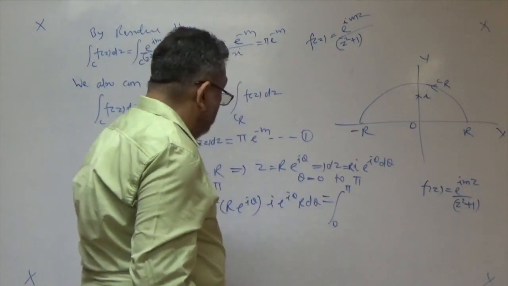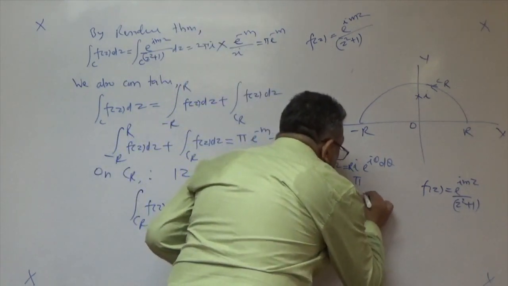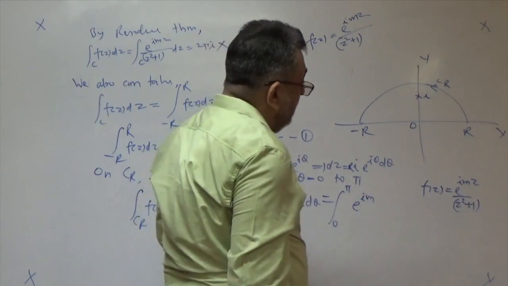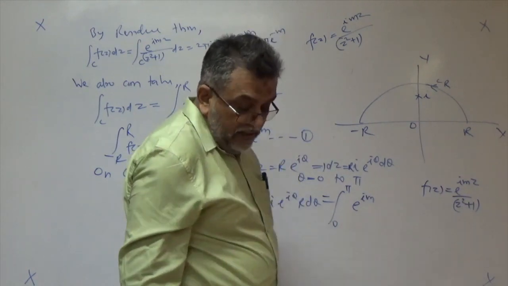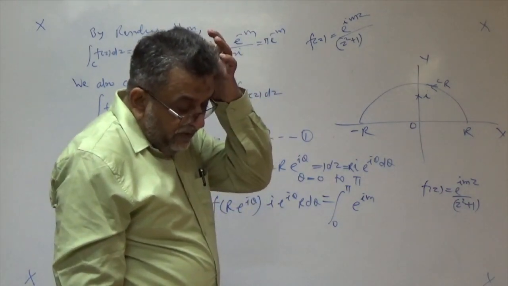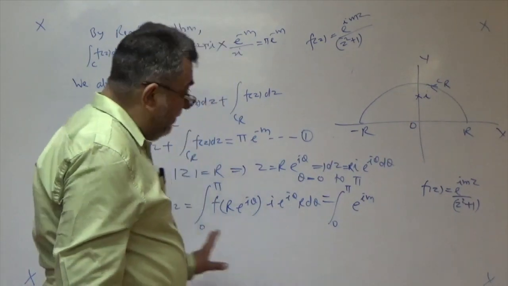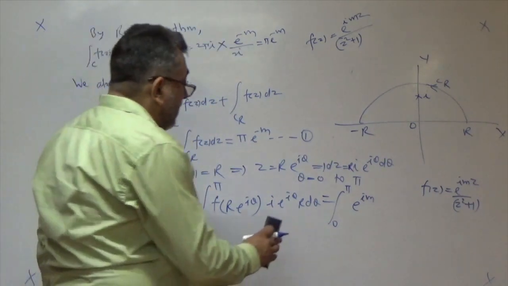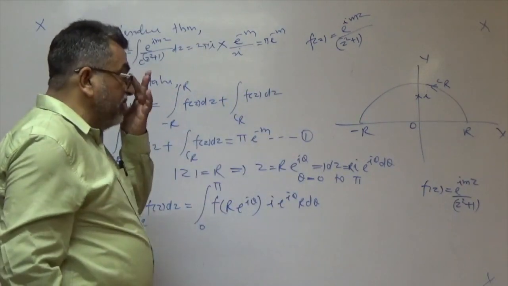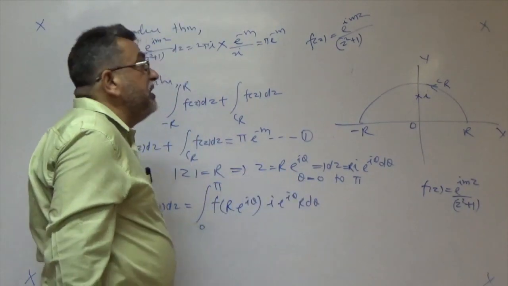So if you substitute the value of z and take the modulus of this expression, this can be converted. Then take the limit, because R is large, meaning R is always approaching infinity.